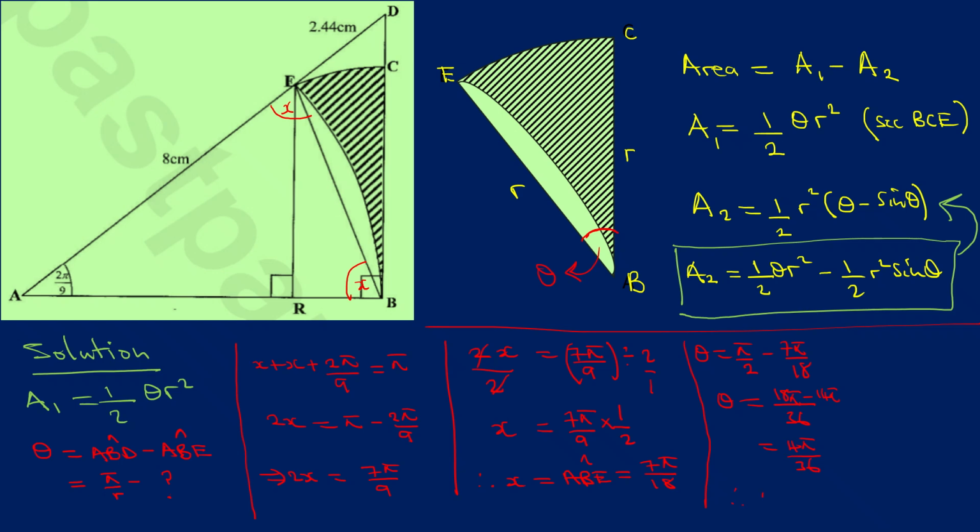And therefore, when you simplify this, you're just going to get pi divided by 9, because 4 into 4 is 1 and 4 into 36 is 9. So our theta is equal to pi divided by 9.